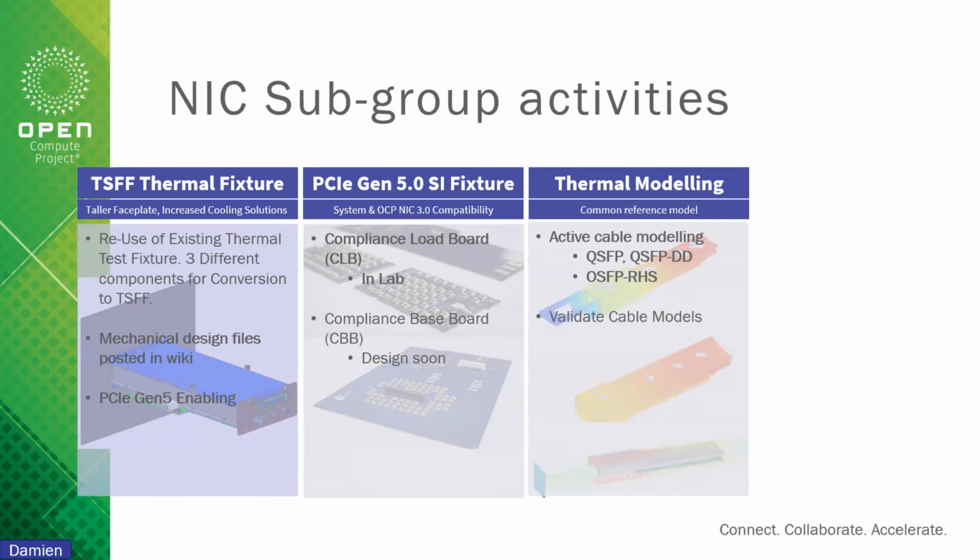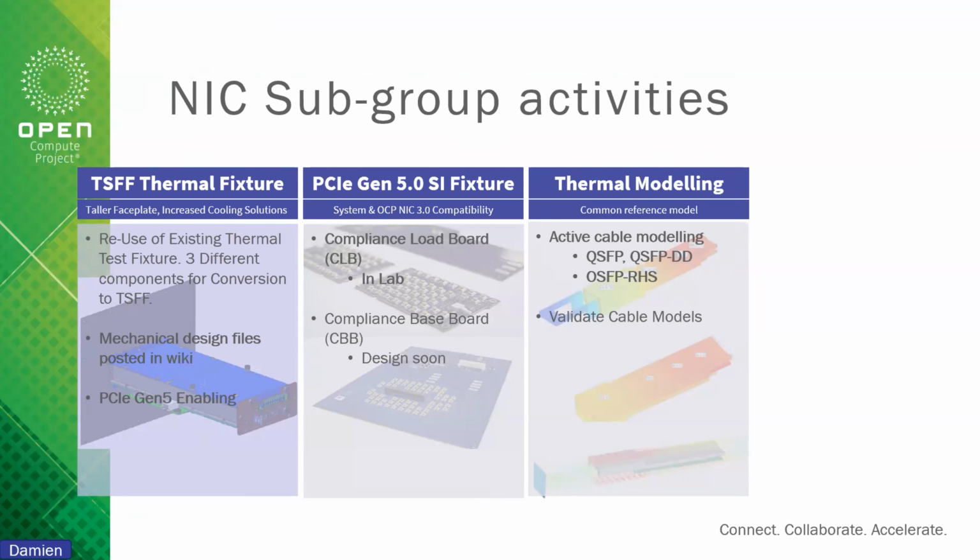The subgroup also works on thermal modeling because when we first engaged in the tall small factor thermal discussion, the team found that we don't have quite a common ground on where the sense point is when we talk about temperature, where it's being measured. Different cable companies, different vendors have different assumptions. You can see some of their work in the QSFP-DD active cable modeling work that they showed in Global Summit.